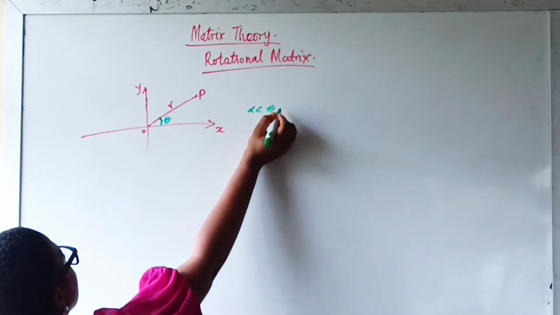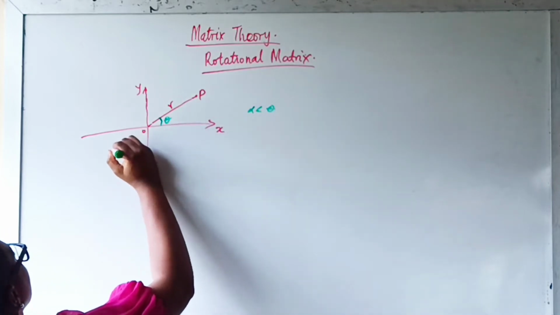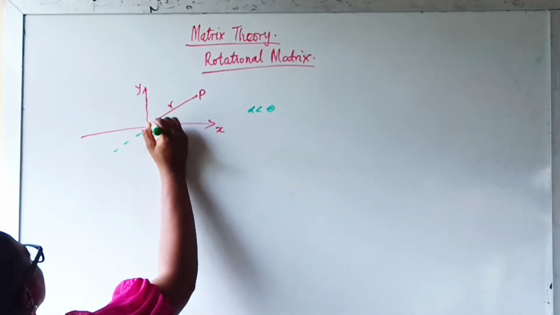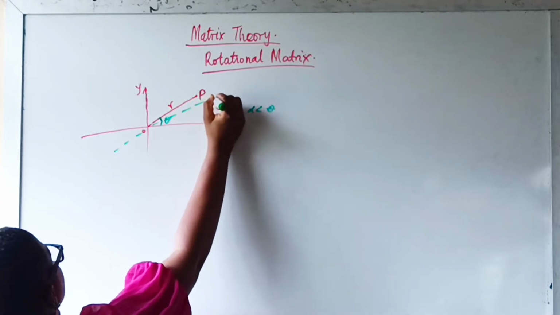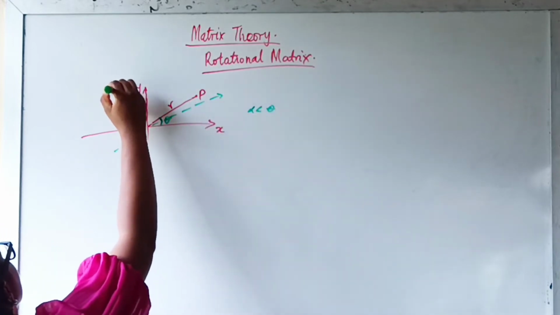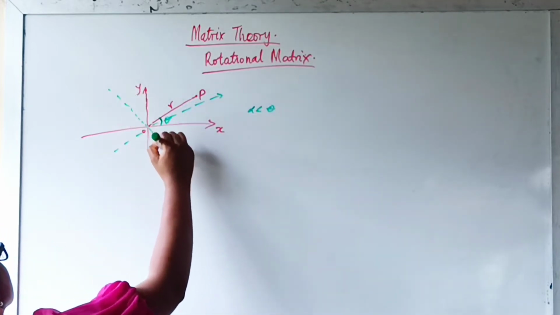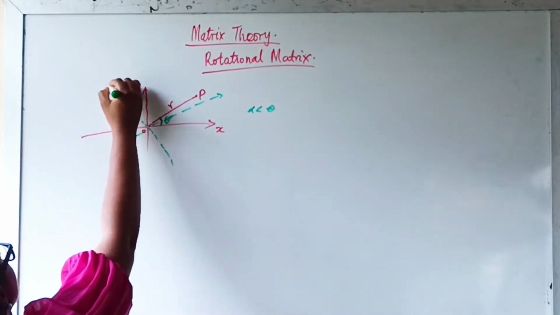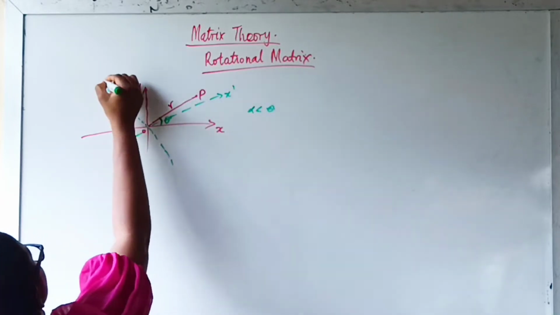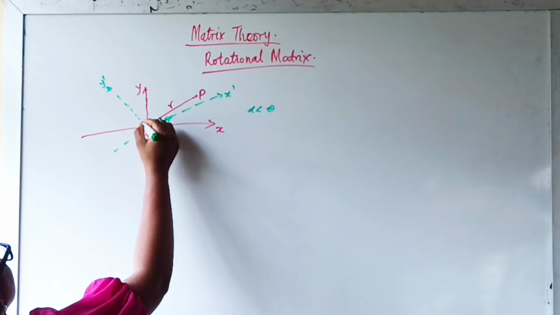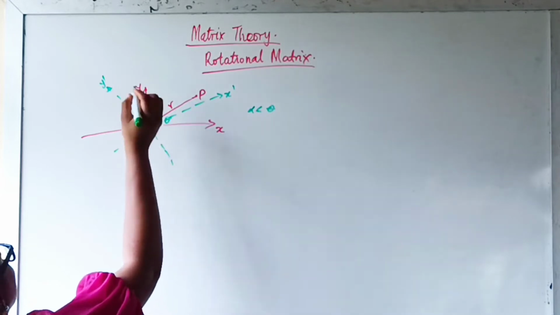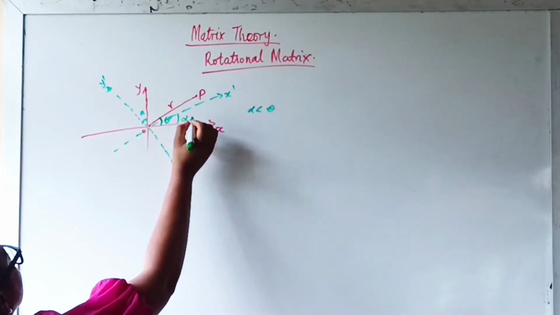Then the new plane will be something like this. So this is x prime, y prime, and this distance here must also be alpha.